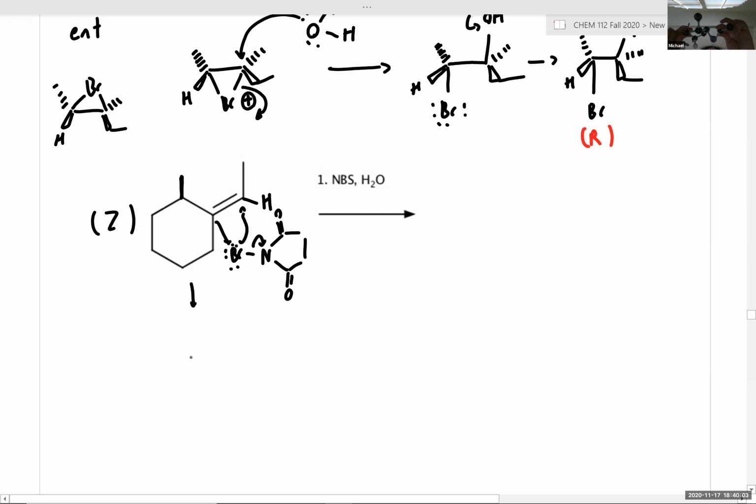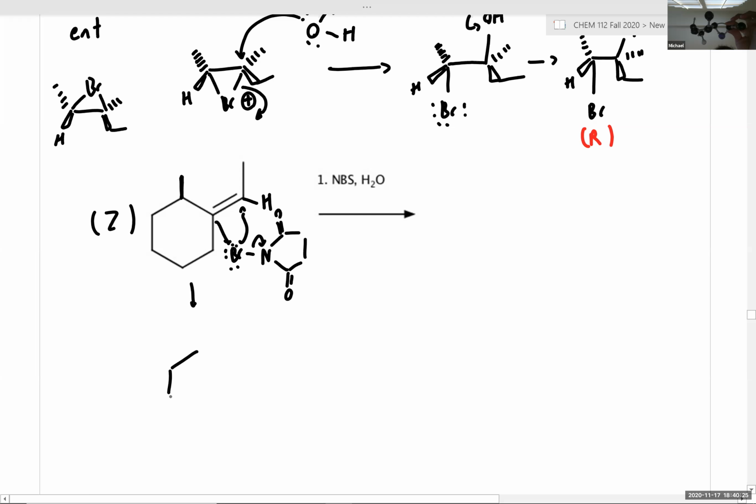What is pointing towards us on the right-hand side of our molecule? The methyl group, exactly.